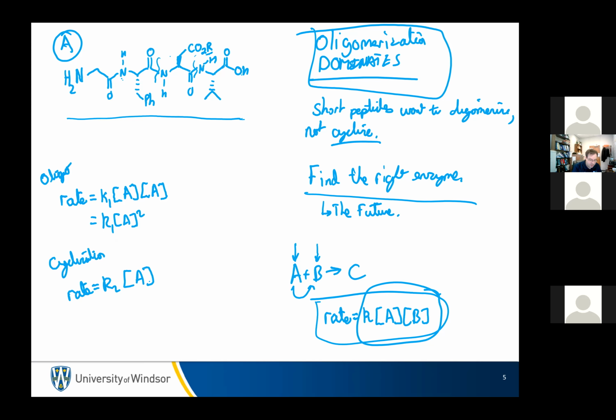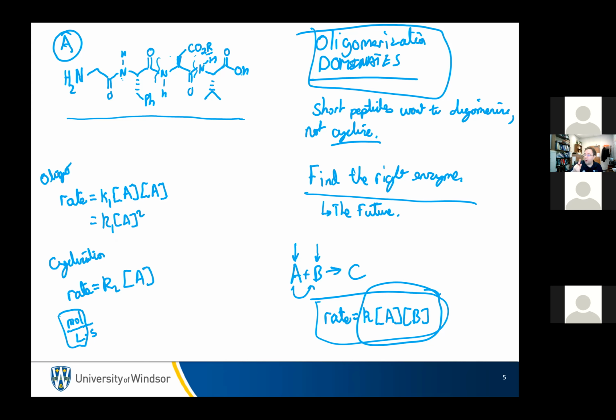Well, rate is measured in moles per liter per second. Oh, wait. So that's a concentration. We're always measuring, because we don't measure how long it takes an individual molecule to react, because we can't see individual molecules. What we're measuring is how long it takes a volume of molecules to react.